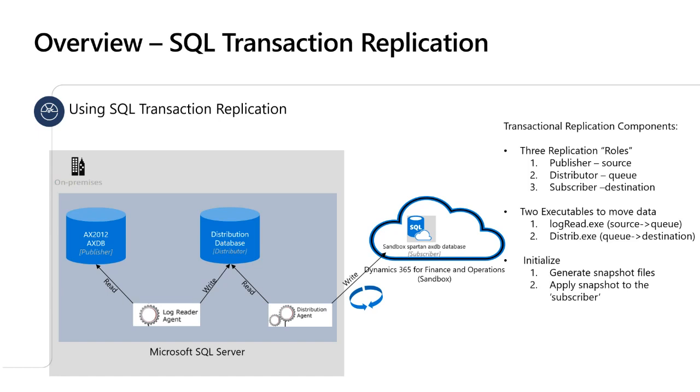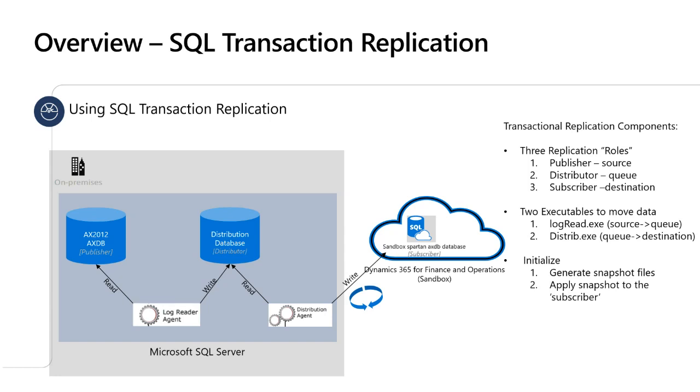Therefore, you would see the log reader agent reading from AX2012 DB, my source or publisher, and writing to the distribution database, right? Then we have the distribution agent. It's an executable that moves the snapshot and transactions from distribution database tables to the destination table at the subscriber, right? So it's reading from my distribution database and writing it to the subscriber, right?